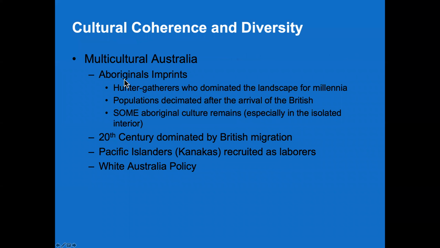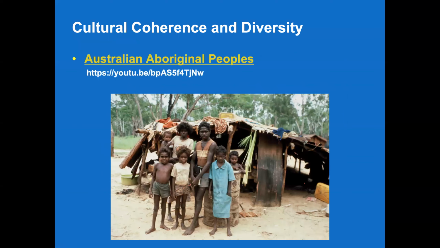So these are what are called Aborigines, hunter-gatherers who dominated the landscape for a long time before the British ever showed up. And if you watch this video here, it does a really nice job of explaining some of the Aboriginal people and the context within the larger modern day Australia.